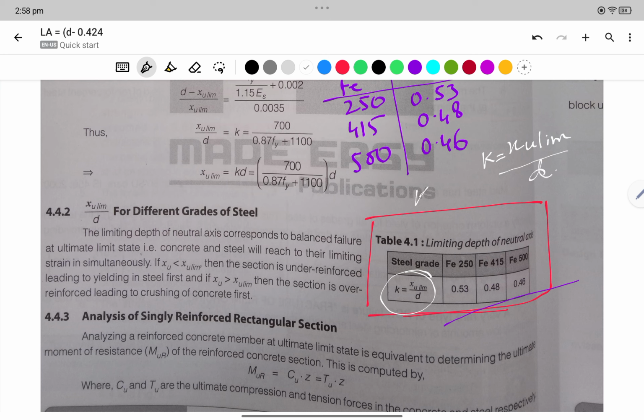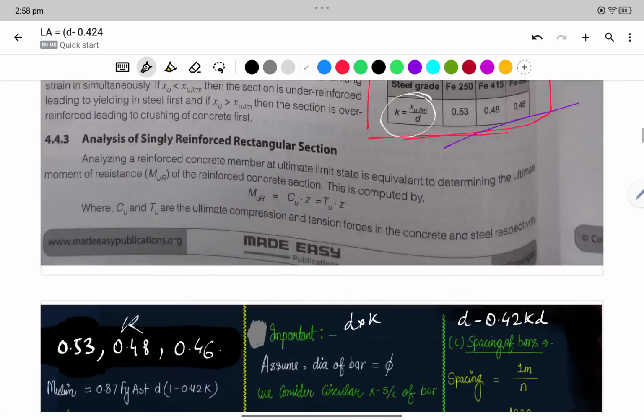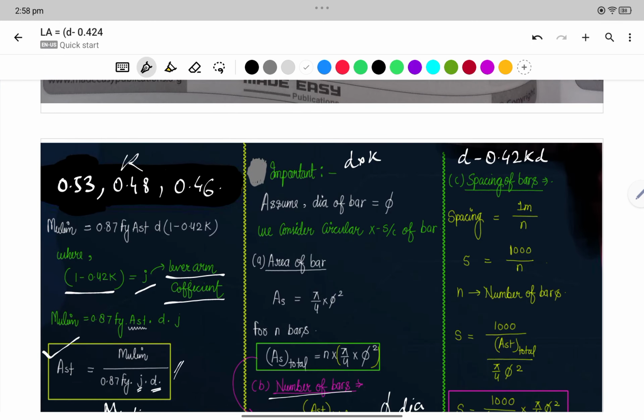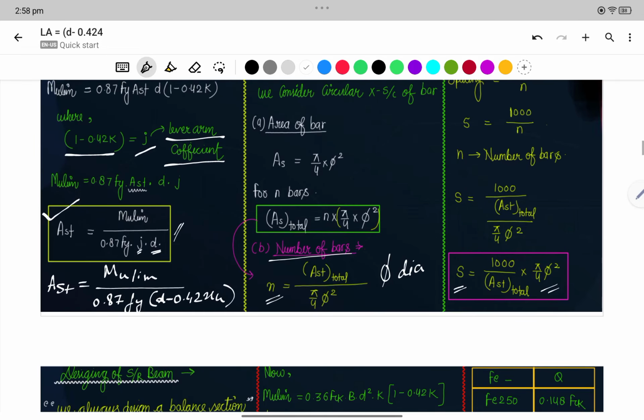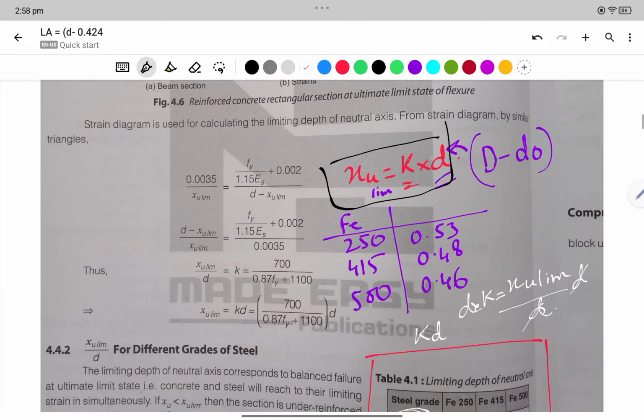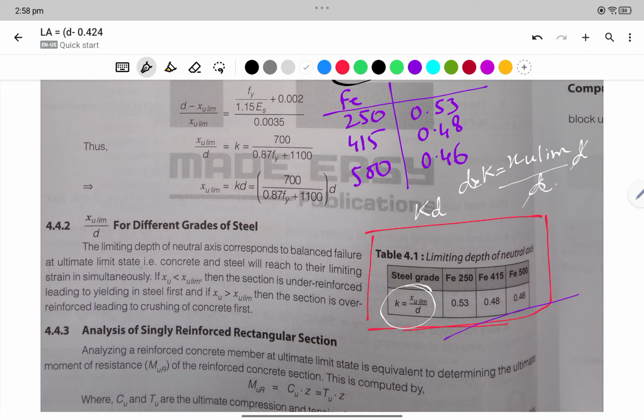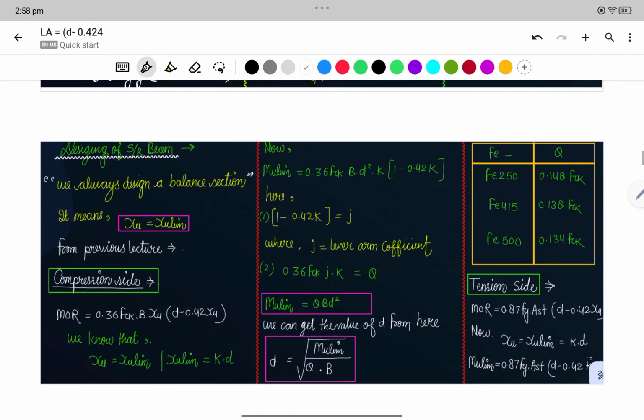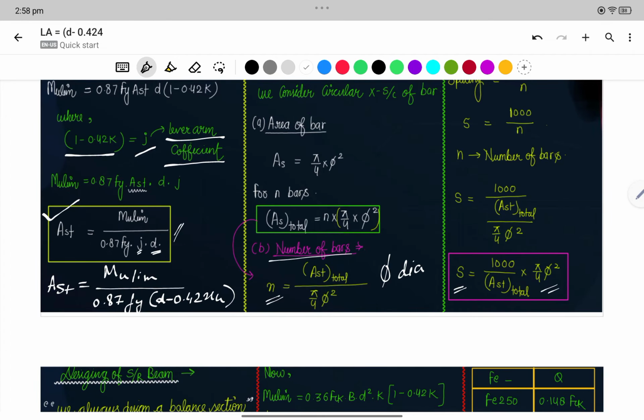So we have kd, so we multiply d on both sides. You can see the d is just cancelling. So see what we have written, d minus 0.42 xu, because only xu is remaining, everything else is cancelling out. So this is also a formula, this area formula can be written this way also. Okay, so you can mark this also.